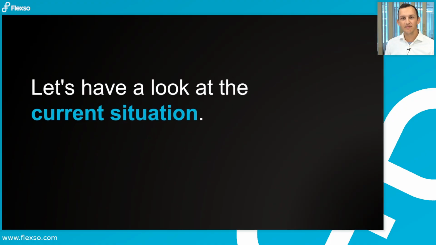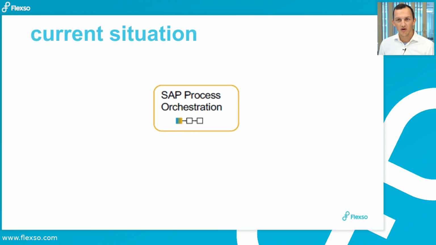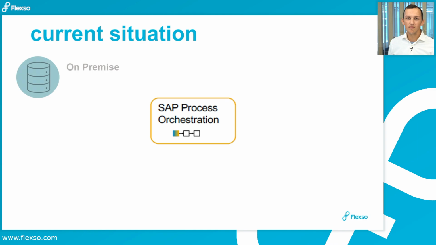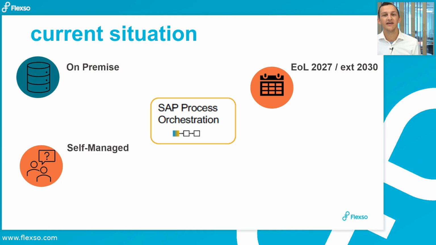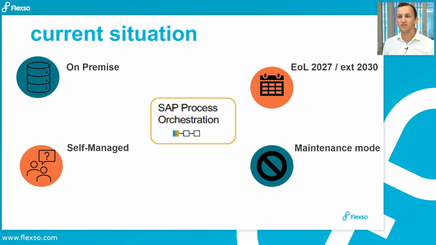Now, before we have a deep dive in the response, let's have a look at the current situation with SAP PO. What is SAP PO? Well, SAP PO is an on-premise system. It is end of life 2027 with an extended maintenance of 2030. It is a self-managed system in maintenance mode. So maintenance mode means that we cannot innovate anymore.